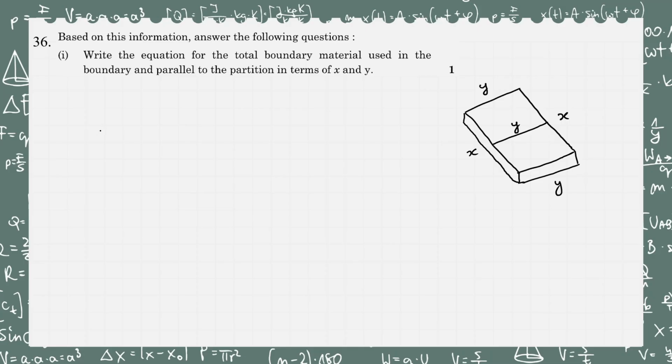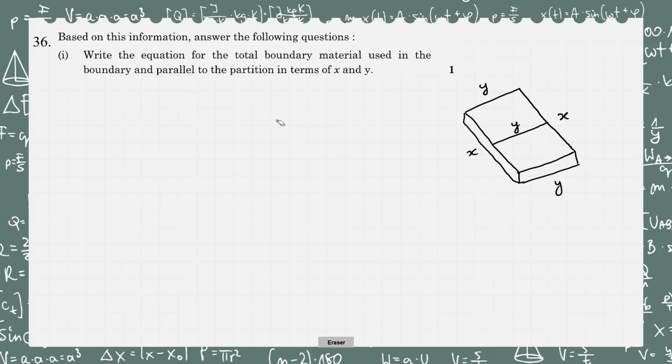So first we have to create the equation for the given information. The total available material is 300 meters. So the sum of all these panel lengths should be equal to 300 meters.